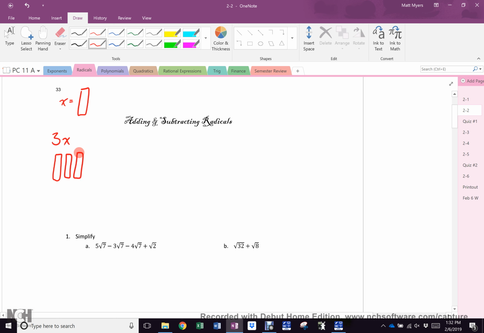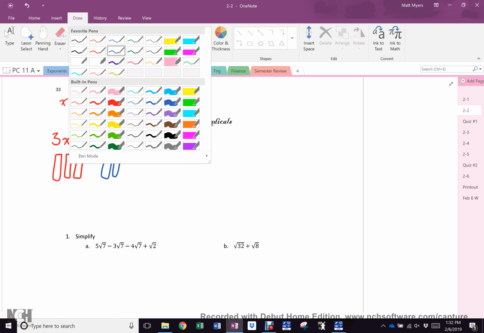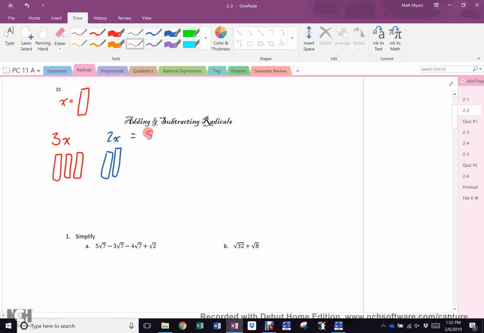Right? Then I have 2x here. What does this equal? What would I need to draw? 2 of the bars. And I would end up with, red and blue makes purple, 5 x's. Because I would have 1, 2, 3, 4, 5 x's, right?